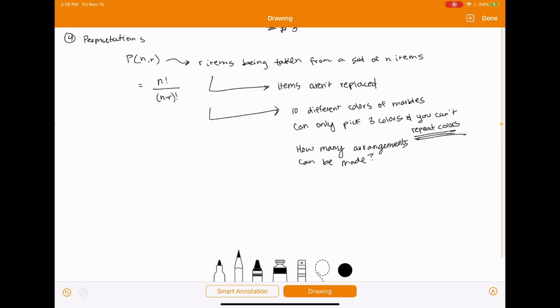So notice for this one, the colors can't repeat. So if you had 3 marbles, you could have a blue, a red, and a yellow, but you can't have 2 blues, or you can't have 2 reds, or you can't have 2 yellows.